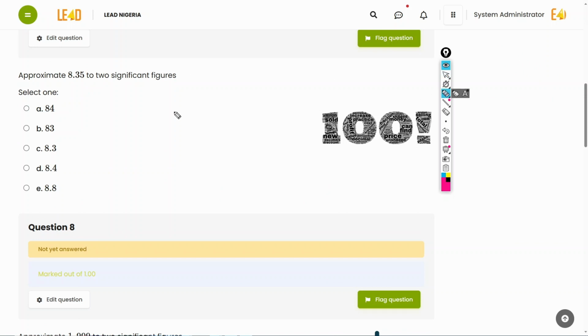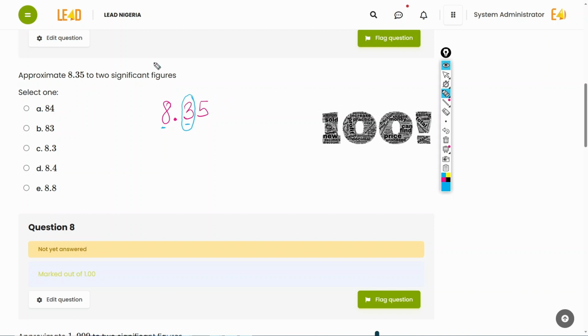Approximate 8.35 to two significant figures. We have our first significant figure, second significant figure, so 3. We are rounding to this position here. We test the digit to the right, 5.